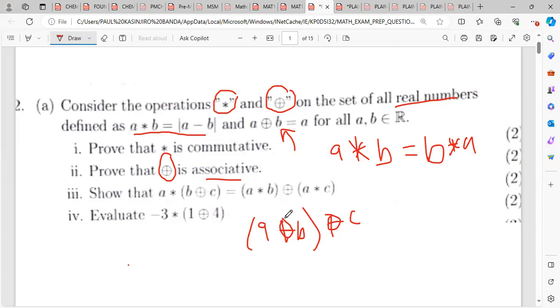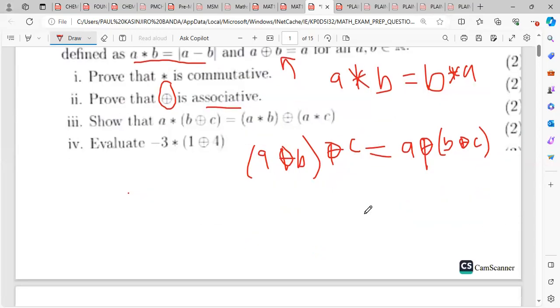Associativity means that if I have A and B in brackets being operated on C, it should be the same answer as A crossed circle, then in brackets B and C. If what I have on this side is the same as what I have on that side, then we say that this symbol is indeed associative.